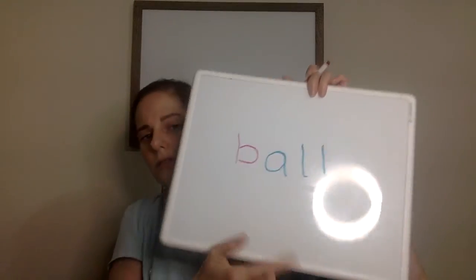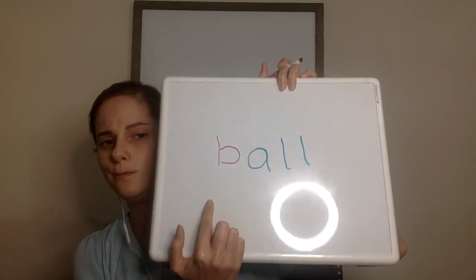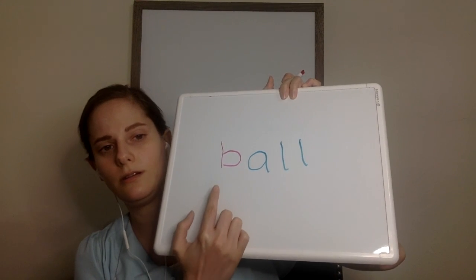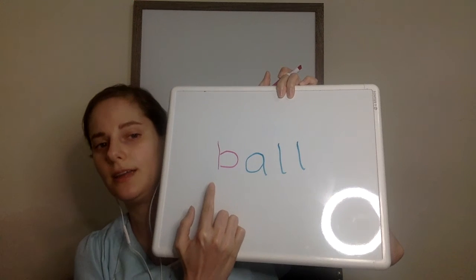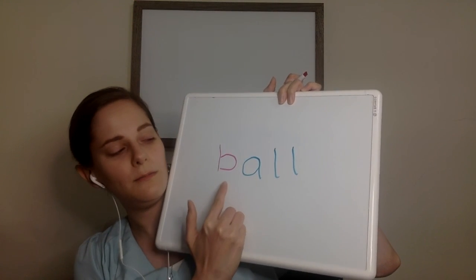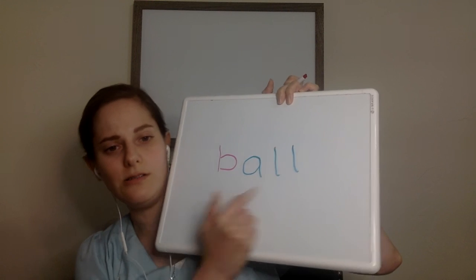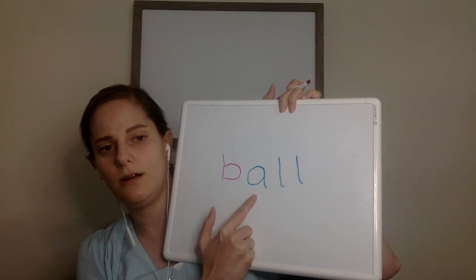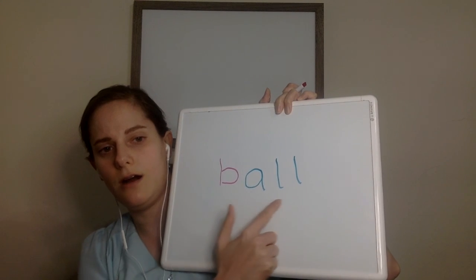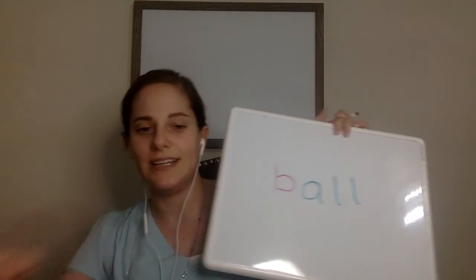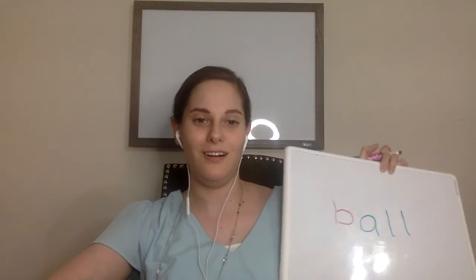Josephina, what word do we have now? What sound is this? Yeah, b, all. B, all. What word do we have now? Can you sound it out? Okay, a little faster. Great job, Josephina. Ball. Very nice.